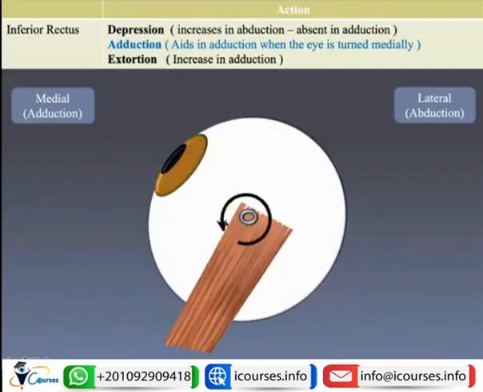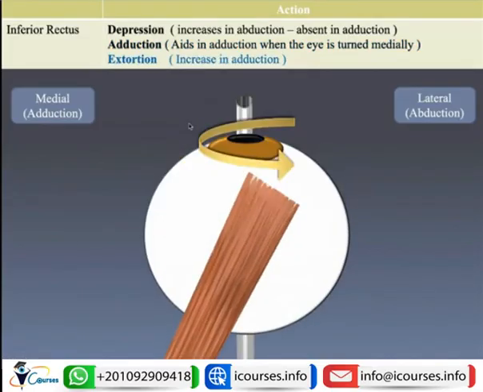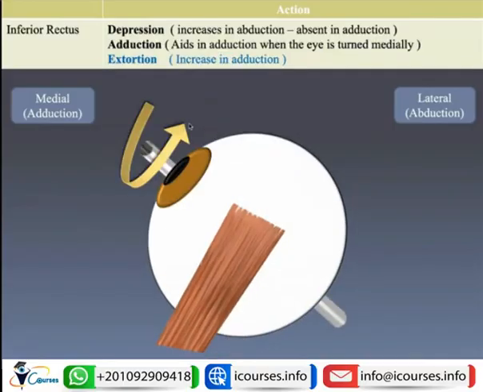So it will cause adduction of the eye. This adduction is more when the eye is turned medially, and it causes extorsion. So it will lead to outward movement of the eye globe away from the nose that increases in adduction.